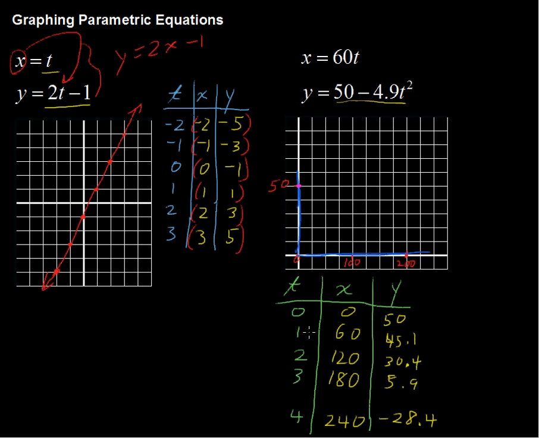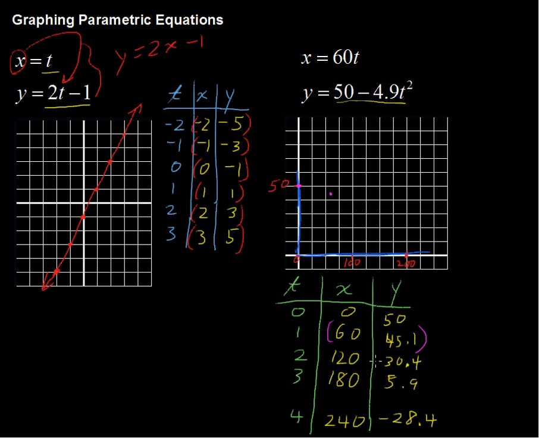But at time t equals 1, x is at 60, which is about here, right along this line. The y value has dropped. So gravity is acting on this ball, and it's dropping down to about 45.1. Remember, each of these vertical lines is worth 10 in the vertical scale, the y scale. So we've got a coordinate of 60, 45.1, and that lands us about here.